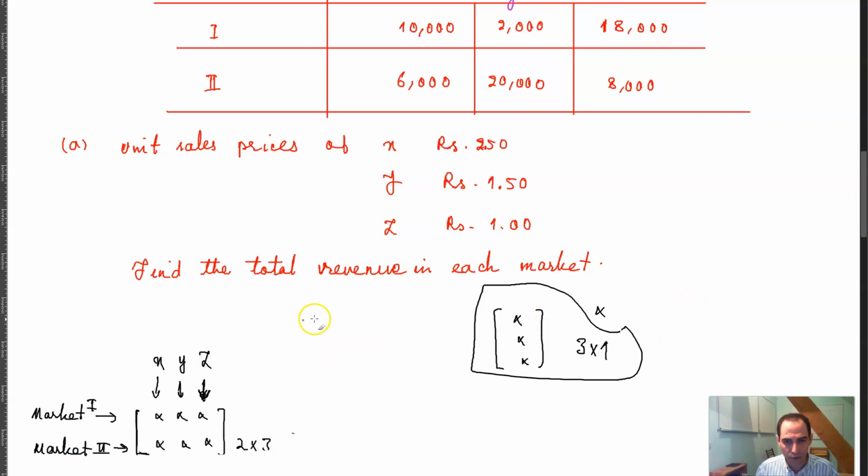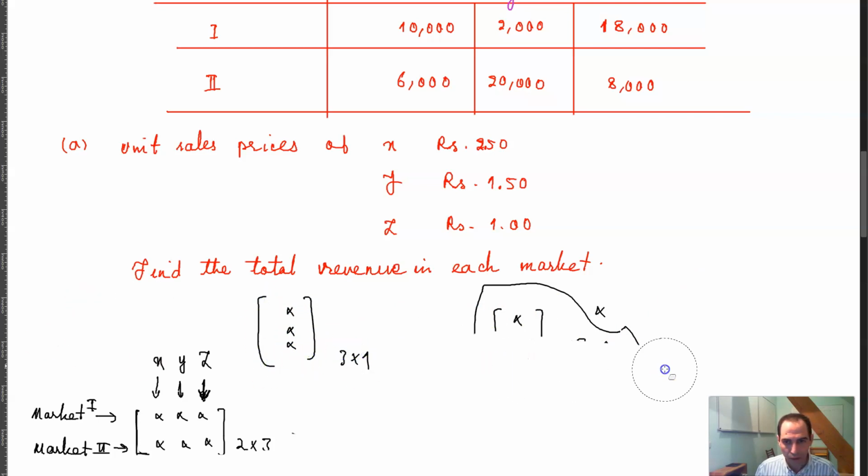And then this matrix would be basically a matrix like this, a 3 by 1 matrix that is related to the unit prices. So I can write now all of these numbers based on this matrix pattern.